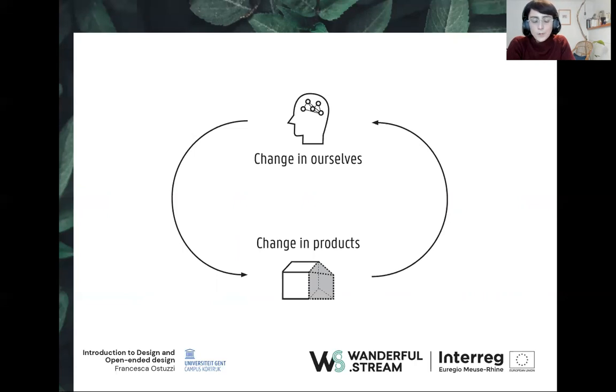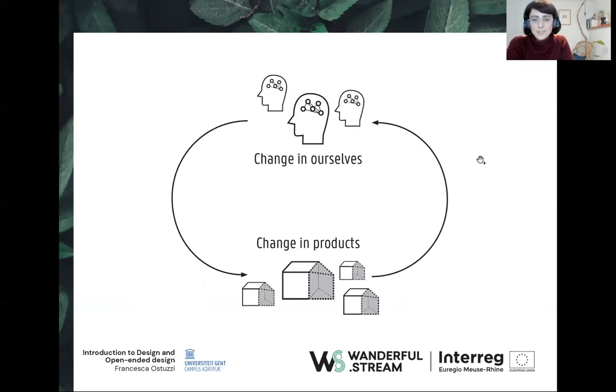So if we stop calling waste something that can now be defined as waste, we have completely reached a very different perspective on reality. And by having this new perspective, we might be able to design new products in a different way. So we might really be able to break the industrial paradigms that want products to be perfect and that therefore disregard everything that is not perfect by putting the name of waste on it.